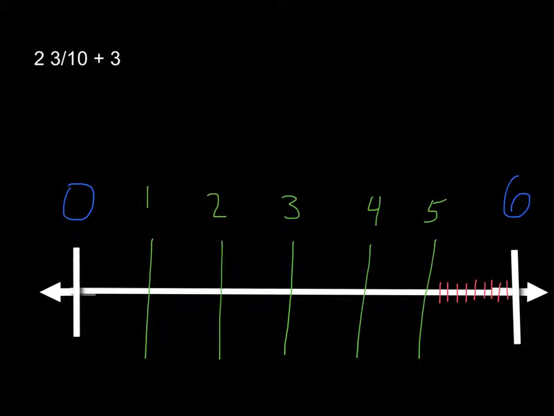Try this next one on your own. 2 3/10 plus 3. Take a minute, solve it, and then I'll show you how it looks on mine. So when I solve this, my number line goes from 0 to 6. I did that because 2 3/10 I'm rounding to 3, and then I'm adding that second 3, so 3 plus 3 equals 6. And when I do this problem, I'm going to rearrange it so that I have 2 plus 3 plus 3/10.